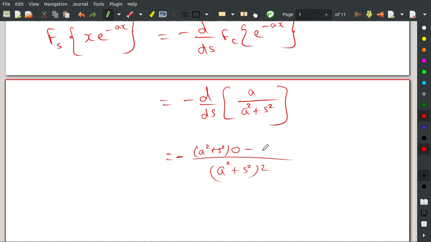Okay, so our u is a and dv is d by ds of a square plus s square, which is 2s. Therefore this term becomes 0. Minus of minus is plus, so we have 2as divided by (a square plus s square), the whole square.